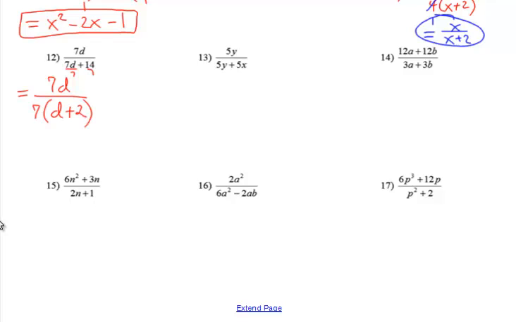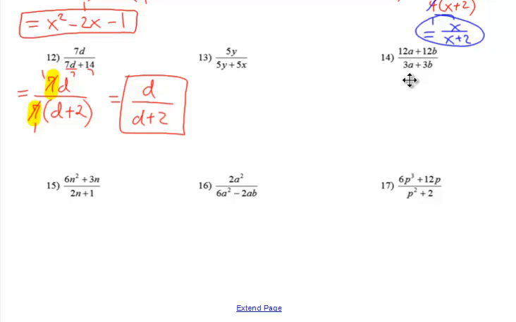So now this 7 that's in the front, that one can cancel out because it's not tied to the other one by addition or subtraction. So 7 divided by 7 is 1. So this equals d over d plus 2. And again, don't cross those d's out. They're married. The d plus 2 is married, and it can only be exactly.